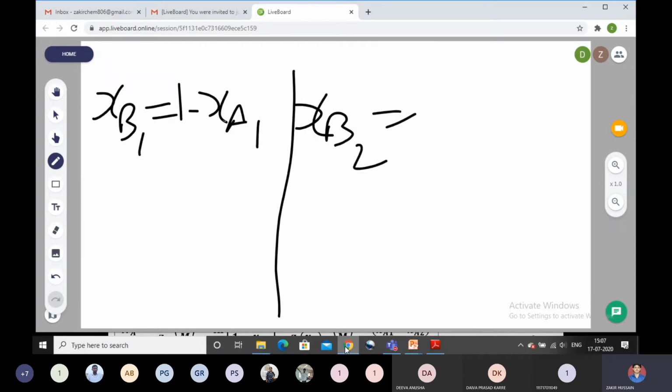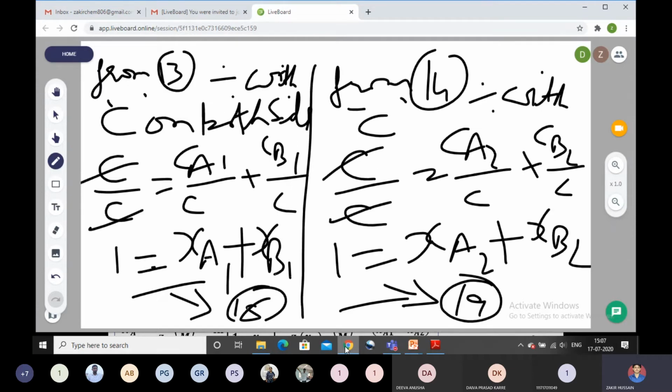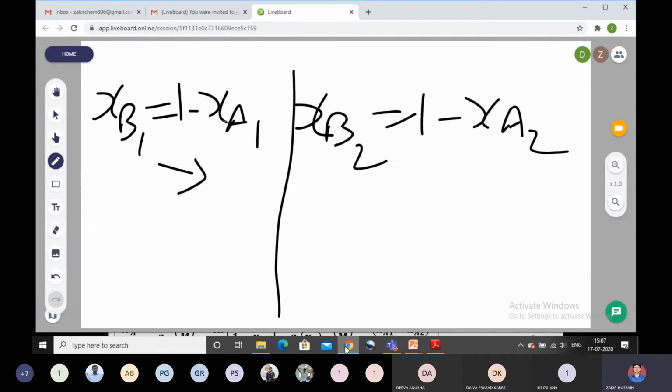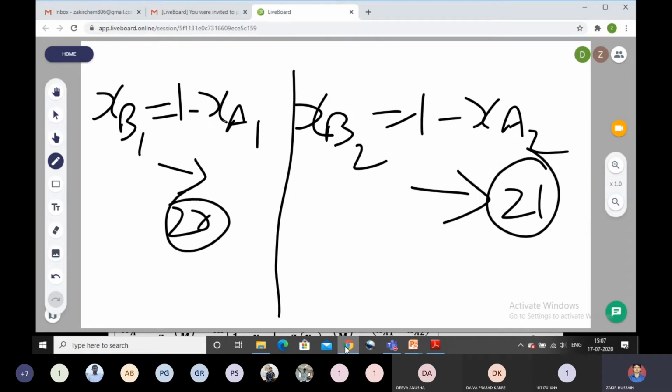We can give equation numbers 20 and 21. When we give equation numbers to these small equations also, it is very helpful in the further derivation, so for the small expressions also I am giving separate equation numbers. Equations 20 and 21, we already derived.